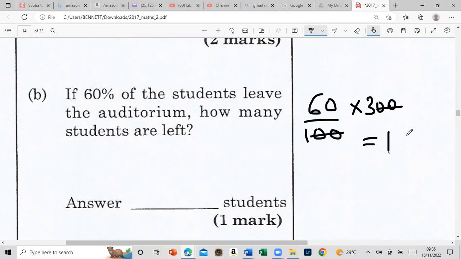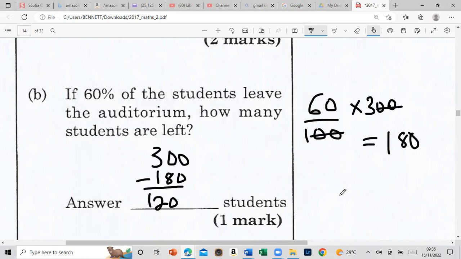So it would be a total of 180 students left. Oh, no. That's 180 that leave, like them leaving the premises. So you have to read the questions carefully, guys. It says how many were left, as in left in the auditorium. So that would be 120.